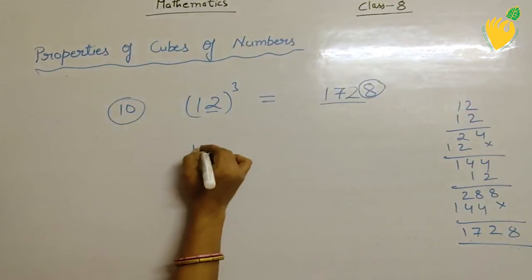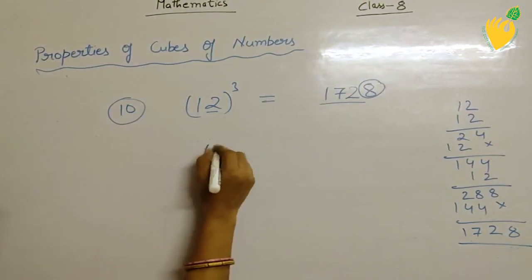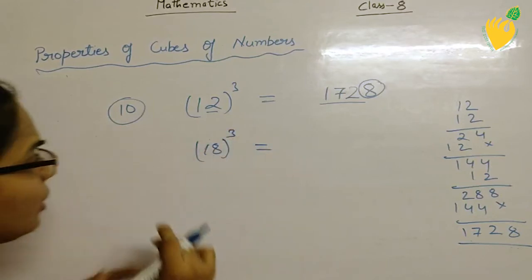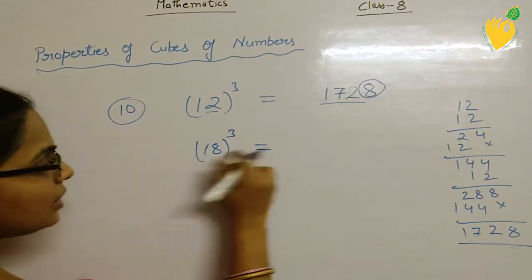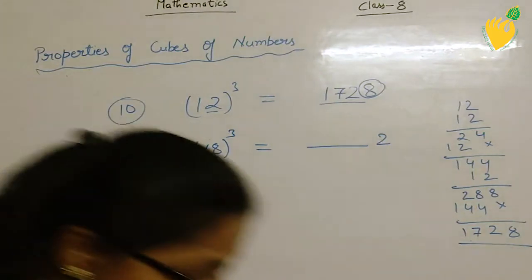And in the reverse way, suppose we take any number, 18. The cube of a number which ends with 8 will end with 2. If you want to check it, you can check it also.